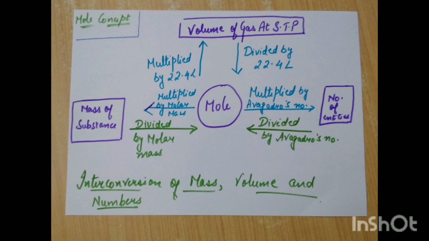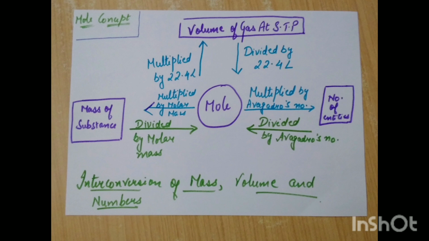Okay, so first, if you want to calculate the number of moles from the volume of gas at STP, STP meaning standard temperature and pressure, you can divide by 22.4 liters.